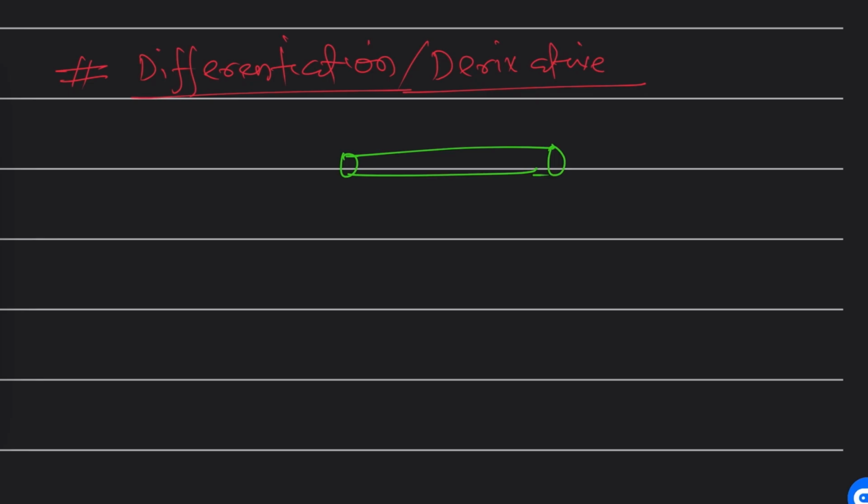Whichever extent you can divide into that much small length, let's say the length is L. This smallest part I'm calling dl. This dl is called the differentiated part.